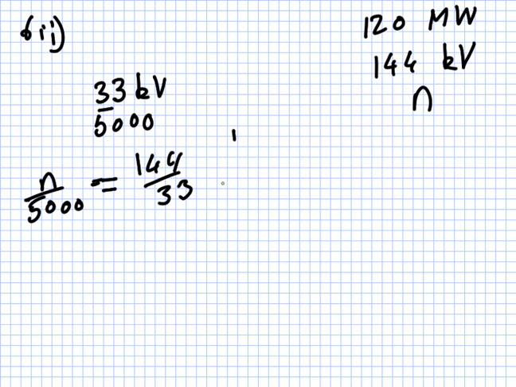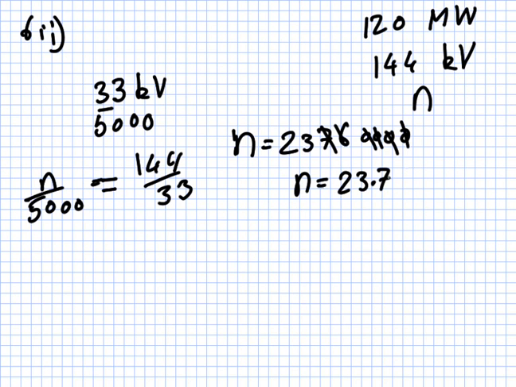Hang on, N over 5,000. It's a really large number, isn't it? Yeah. So then the N here is equal to 2,376,000. So the N is, let me see, 23.76 megaturns, times 10 to the 6. Yes. No. 218.